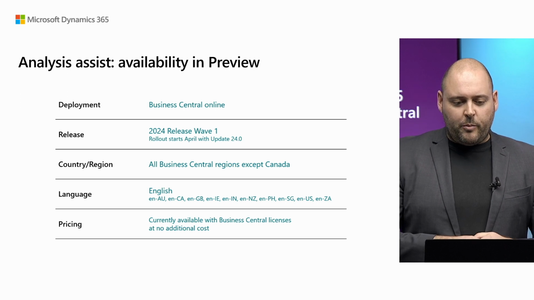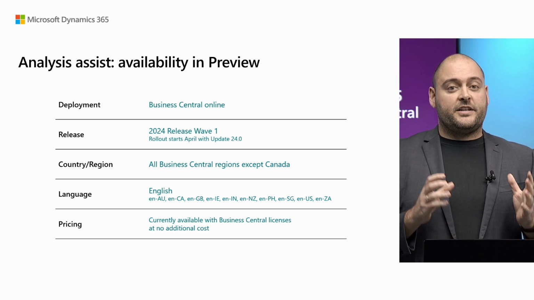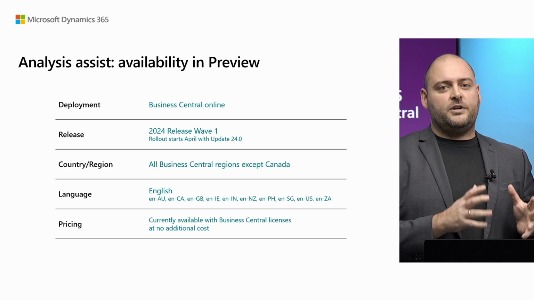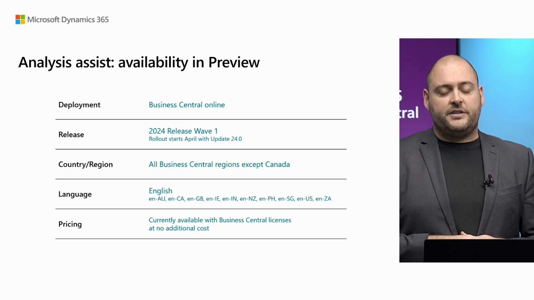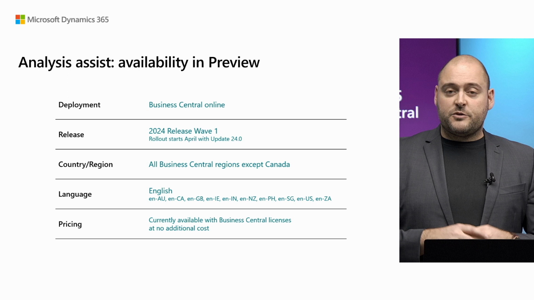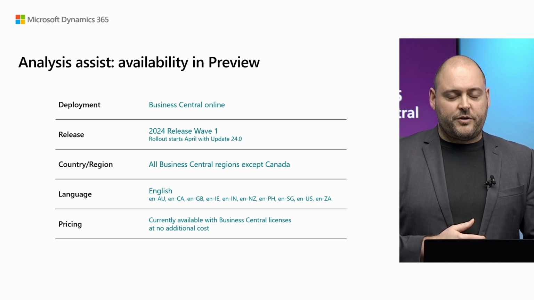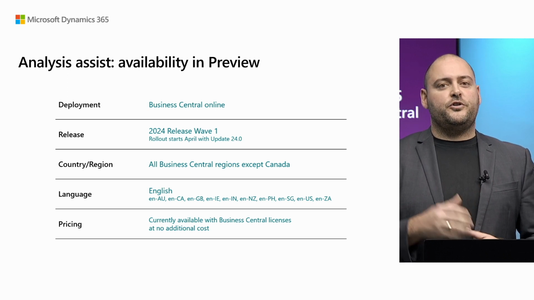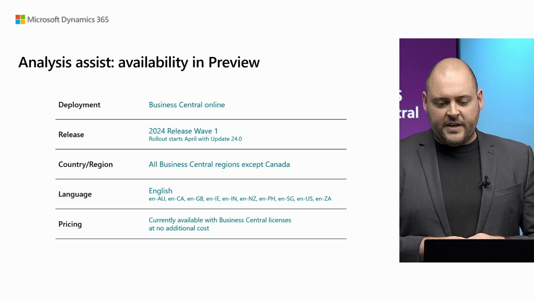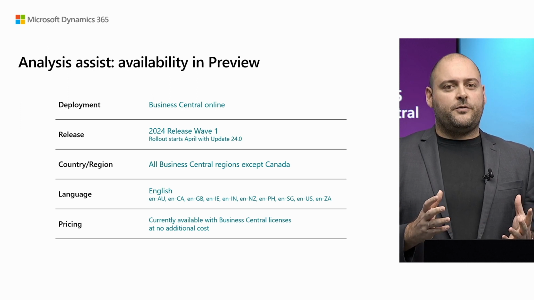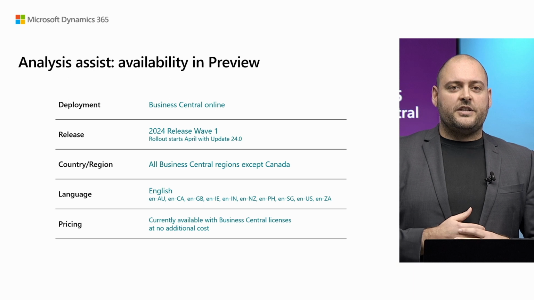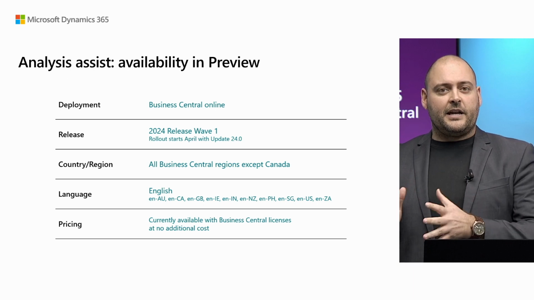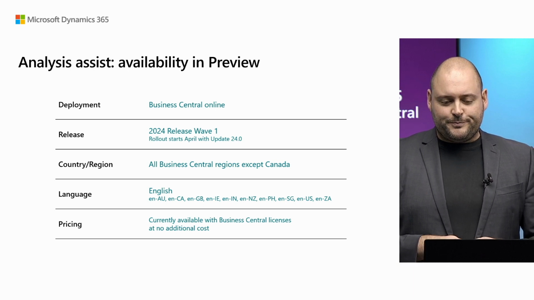A few more tips here to understand how to use this and where to use this. First of all, Copilot in Business Central is available exclusively for Business Central Online. So that's where you'll find this new capability. This has been released with 2024 Release Wave 1, so you'll need to upgrade to version 24.0 or later. It's also being rolled out for all environment localizations, with the exception of Canada for regulatory reasons.